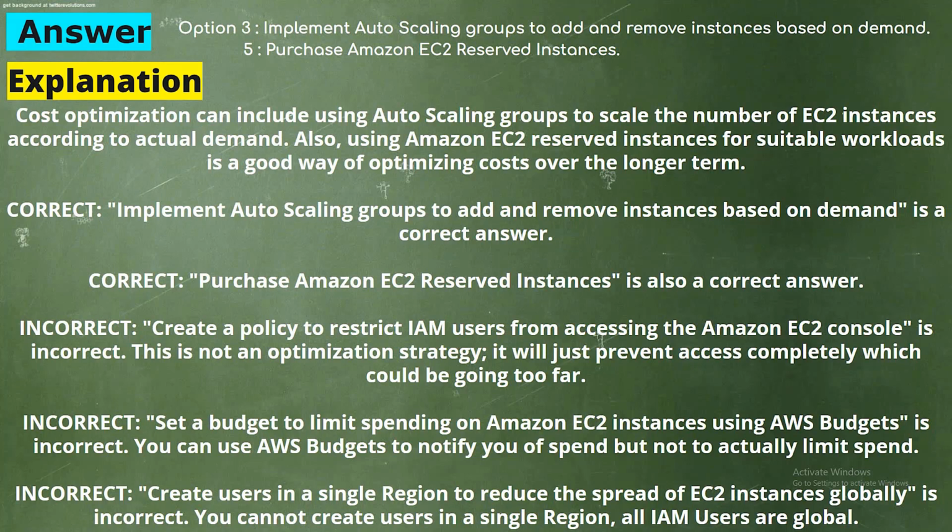Incorrect, set a budget to limit spending on Amazon EC2 instances using AWS Budgets is incorrect. You can use AWS Budgets to notify you of spend but not to actually limit spend. Incorrect, create users in a single region to reduce the spread of EC2 instances globally is incorrect. You cannot create users in a single region, all IAM users are global.